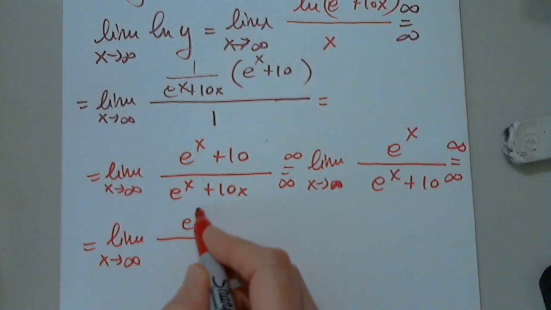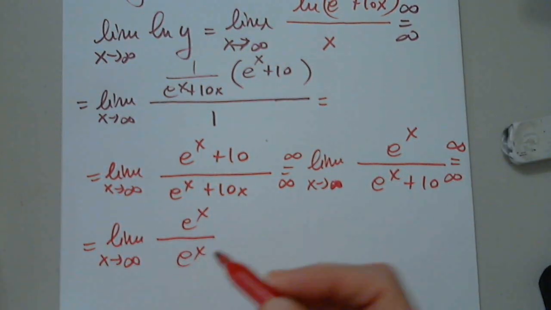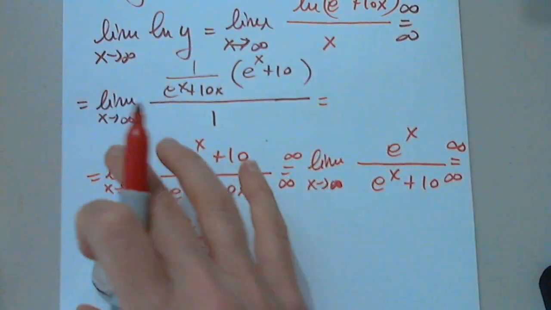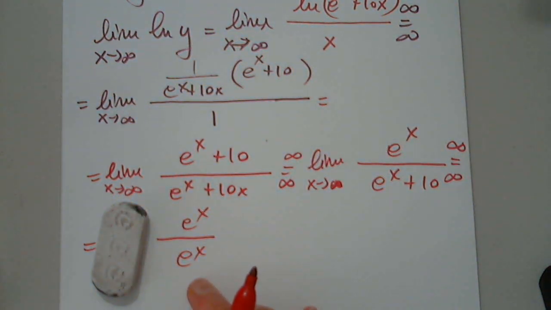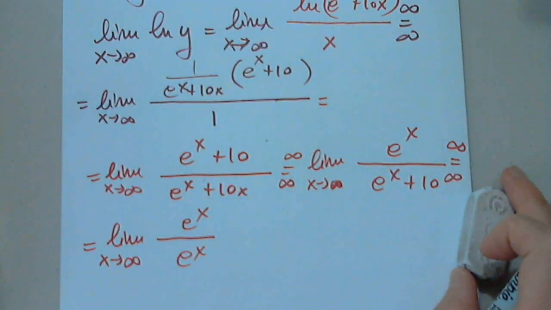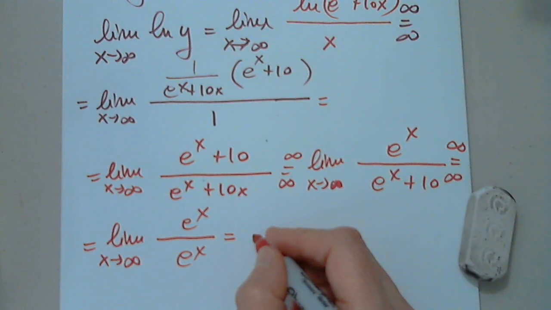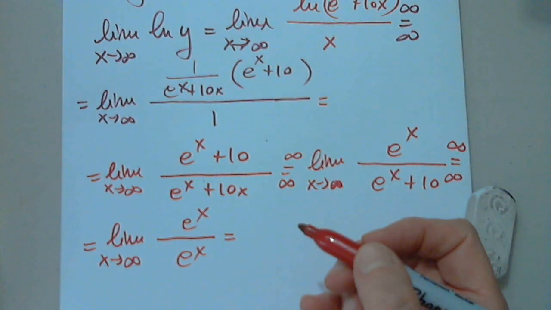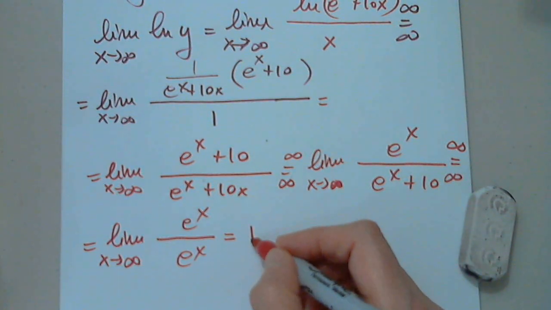So e to the x over e to the x. Perfect. And how much is e to the x over e to the x? One. Perfect. How much is limit of 1? Limit of 1. Very good.